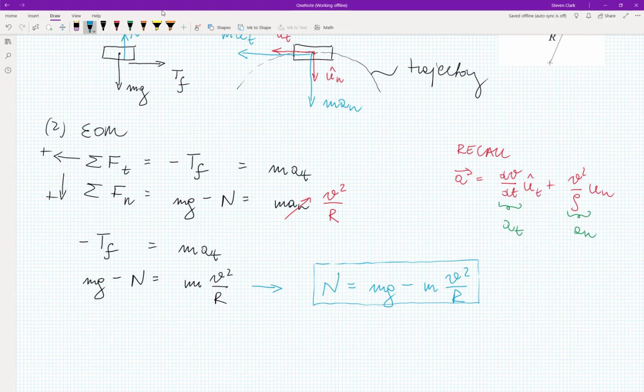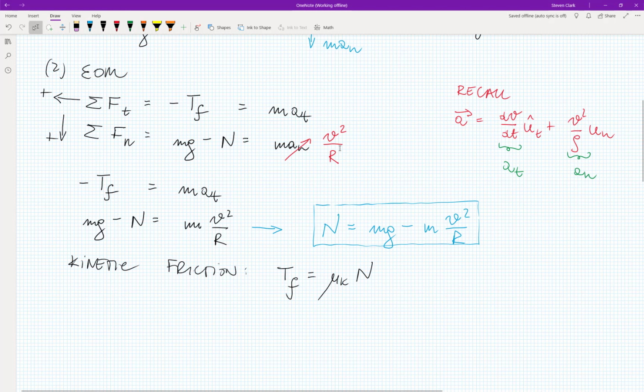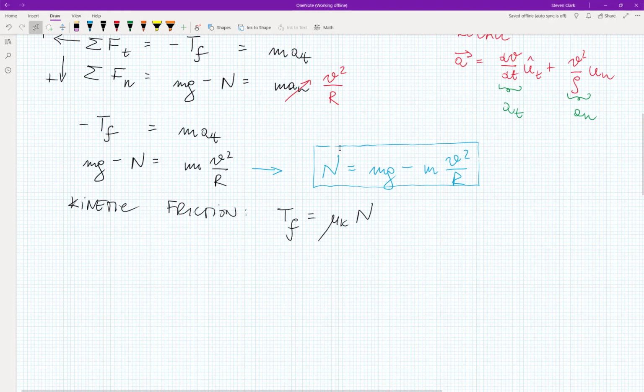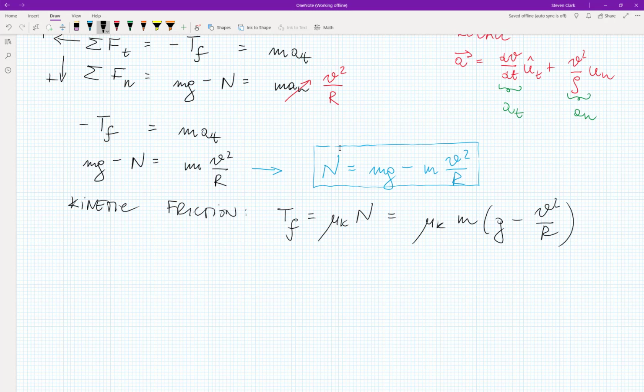Cool. Okay, and let's look at the first equation, because they ask us to find a_t, and we have friction there. We should probably go for some friction law. So I think that in here we have kinetic friction. So this will be F_f equal to mu_k N. And we know N. So this will be mu_k times (mg minus m v squared over r).